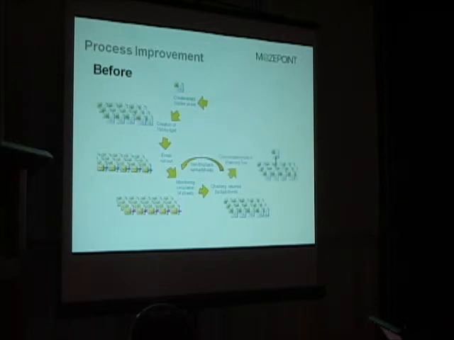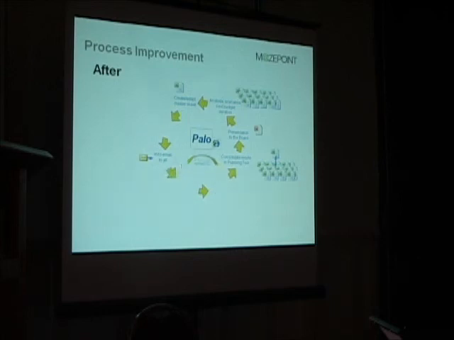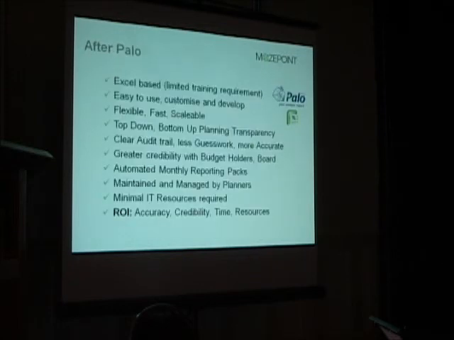Once that had all been finalised and pushed in, then it had to be consolidated, reporting to the board, and the process all starts over again. So by using Palo, they were able to remove a lot of that headache by having this central tool that everybody feeds into, and they've saved an awful lot of time and errors as well in that process.